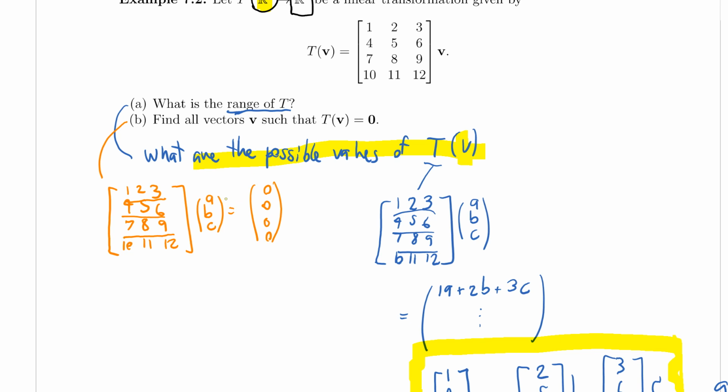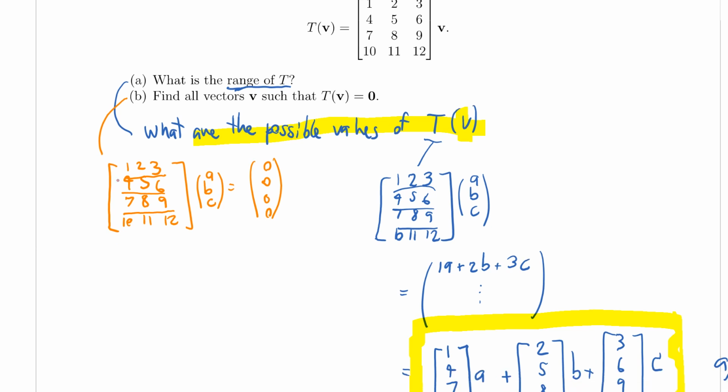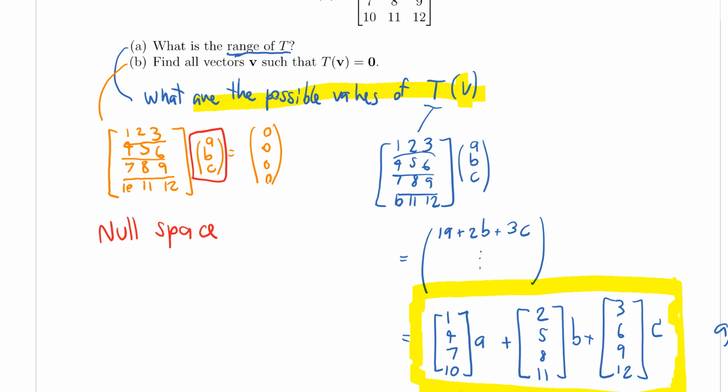And we already also did this. This thing actually has a name: the space of all the ABC that makes this happen is called the null space of the matrix. We did this in the last lecture, in example 6.1.